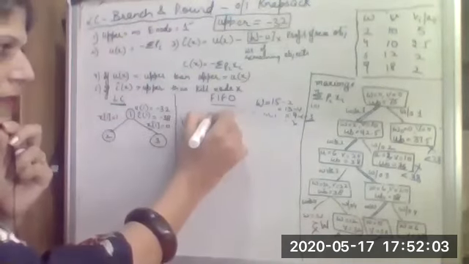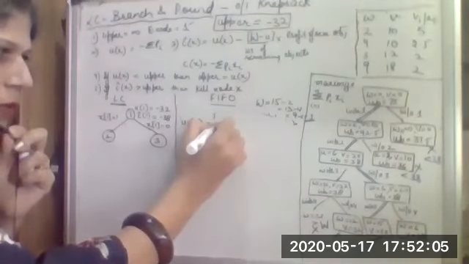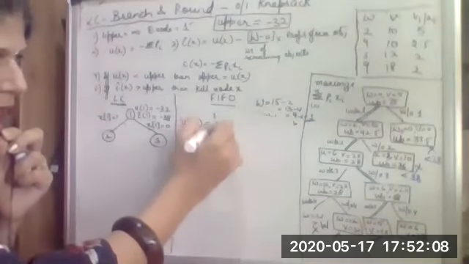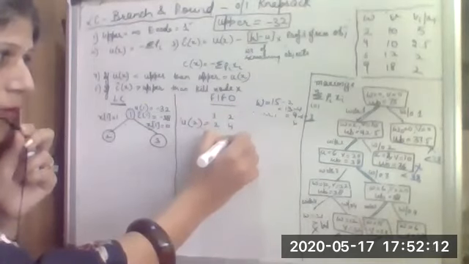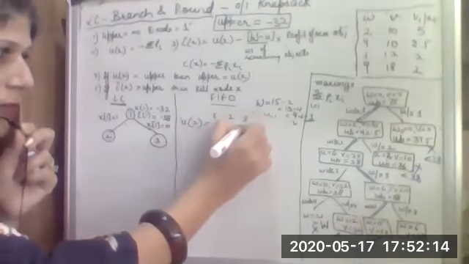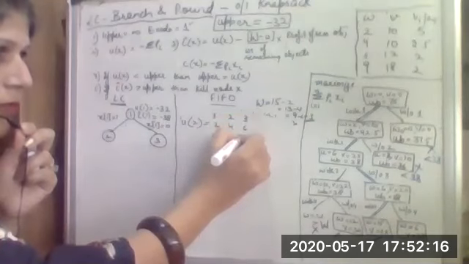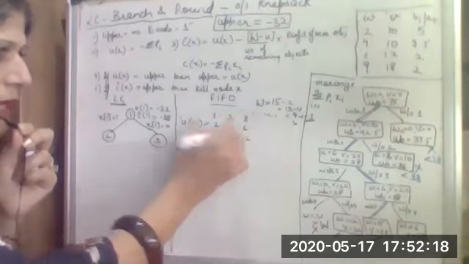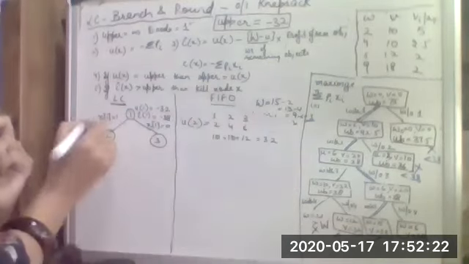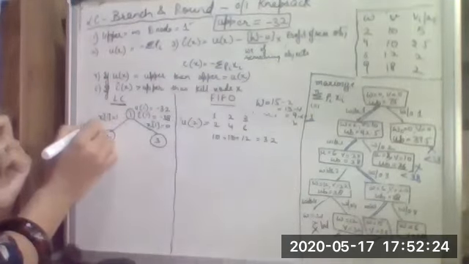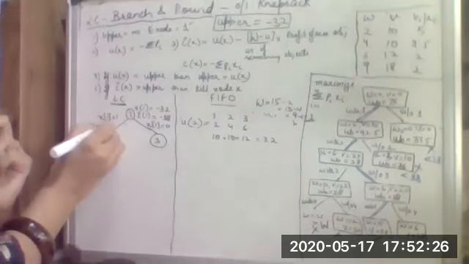The first element has a weight value of 2 and a profit value of 10. The second element has a weight value of 4 and profit of 10. The third element has a weight value of 6 and profit of 12. Exactly the same way we have done for the previous node. So this comes out to be 32. In this case, U2 will be equal to minus 32.